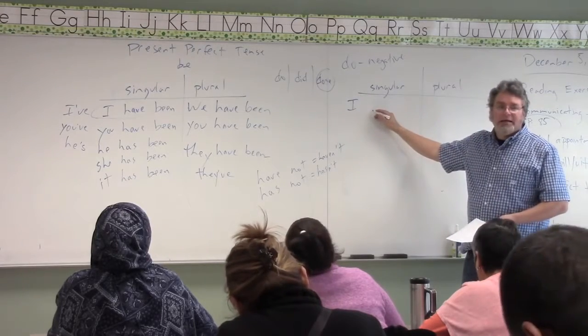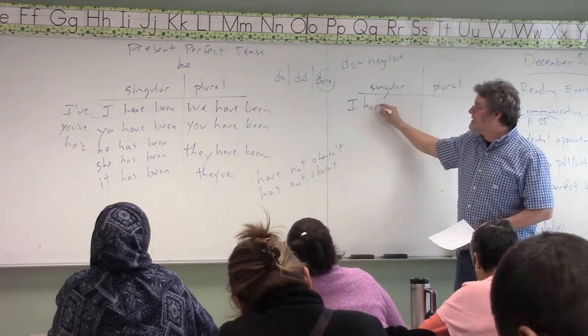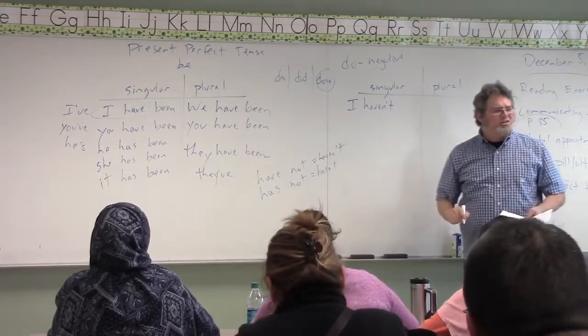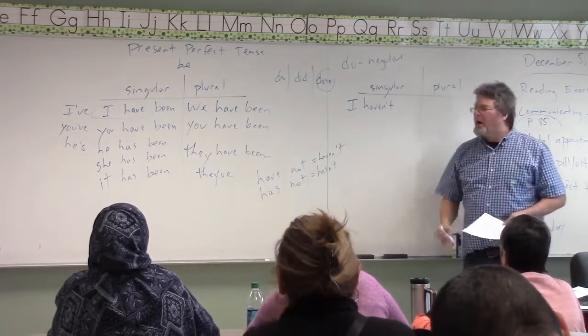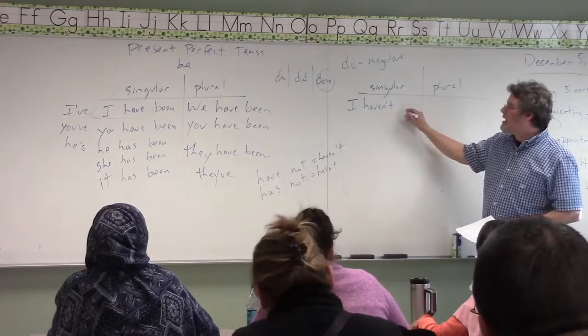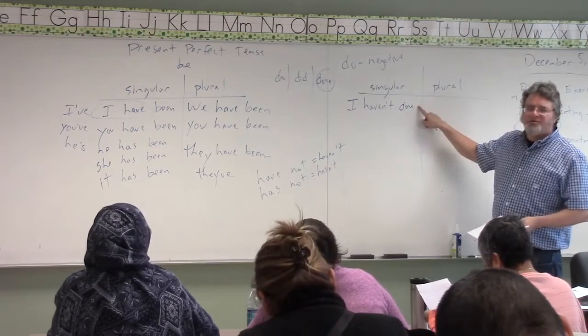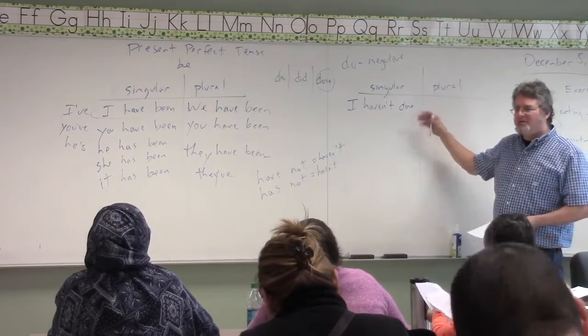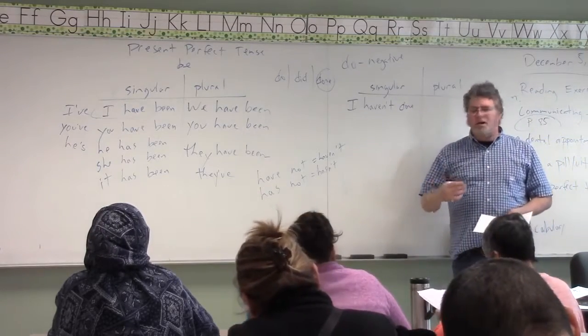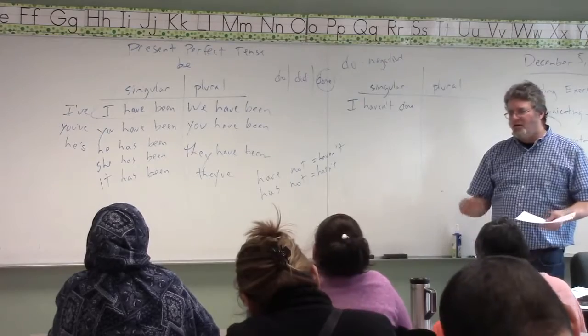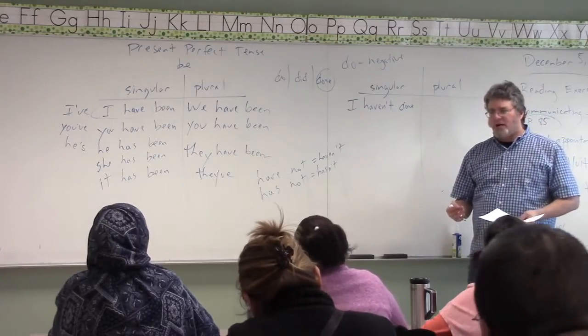I haven't or have not. Let's use the contraction, okay? It's easier, that's what most people do. I haven't done. And you probably have something after this, an object of some kind. I haven't done it. I haven't done my homework. I haven't done my laundry. I haven't done my cleaning.